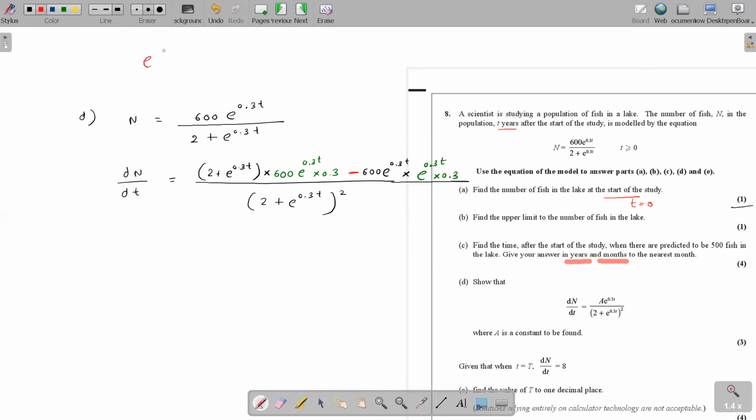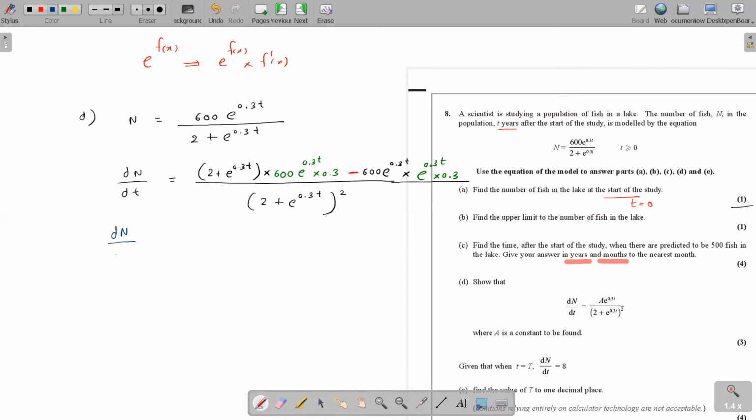Just to give you a heads up, the differentiation of e to the power f(x) is e to the power f(x) times f dash x. You write the same function again times the differentiation of its power. Now it's a matter of simplifying to get the show that.